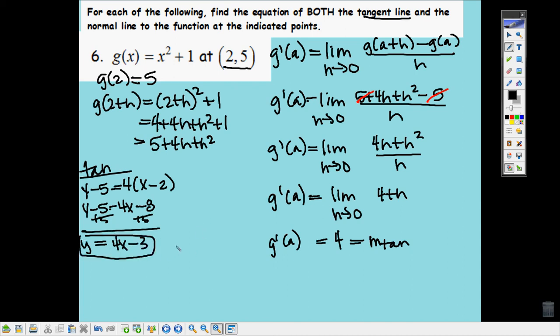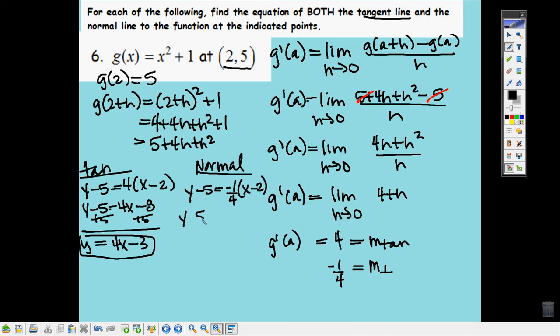Now remember that if m tan is 4, then m normal or m perpendicular is going to be negative 1 over 4. So when I want to write the equation of the normal line, I have y minus 5 is equal to now negative 1 over 4 times x minus 2.